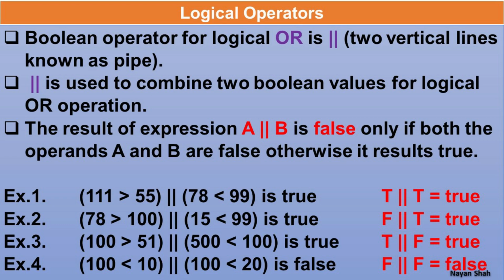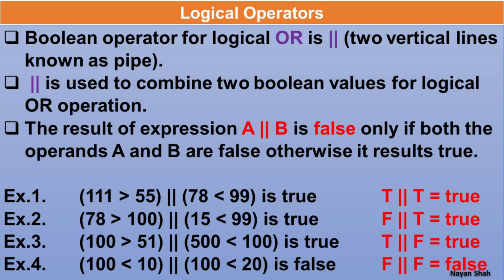111 greater than 55 or 78 less than 99, both are true. So it is true. 78 greater than 100 or 15 less than 99. First condition is false, but second is true. So false or true, it is true. 100 greater than 51 or 100 less than 500, it is true because one condition is true, 100 is greater than 51.